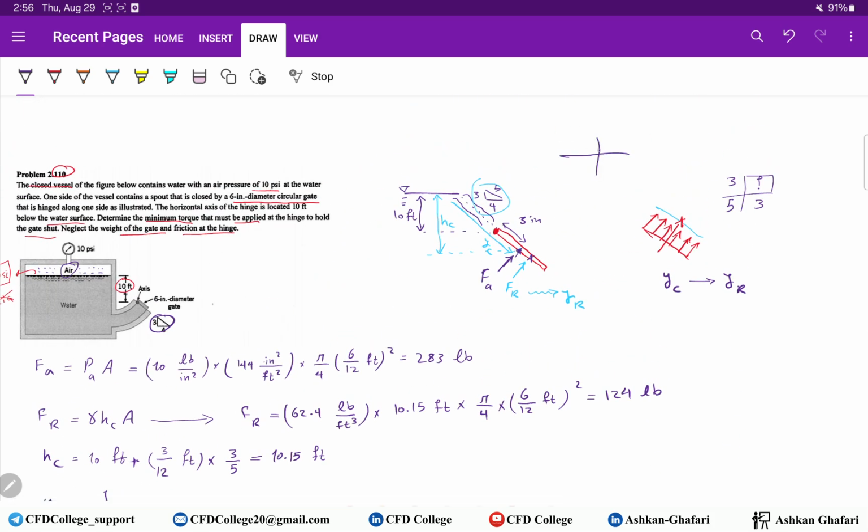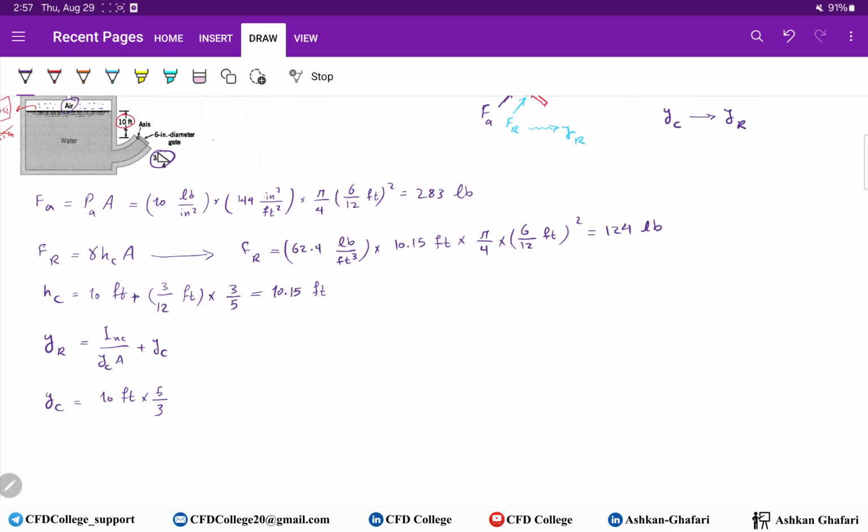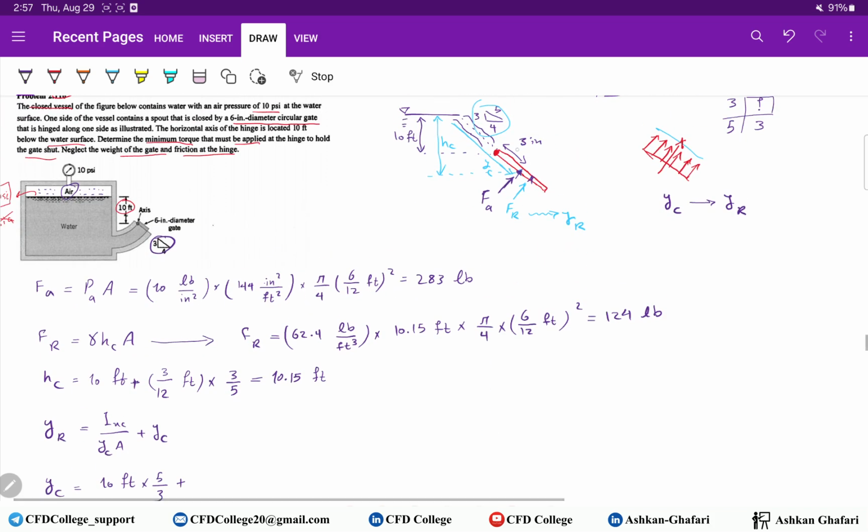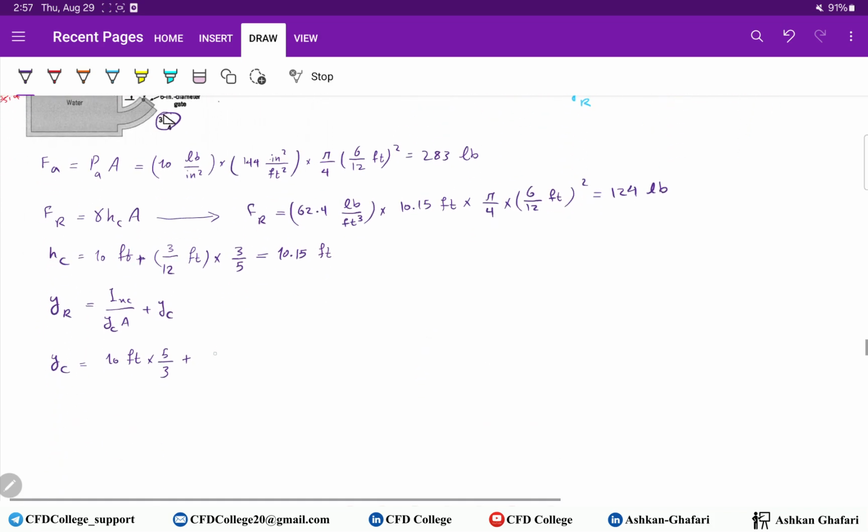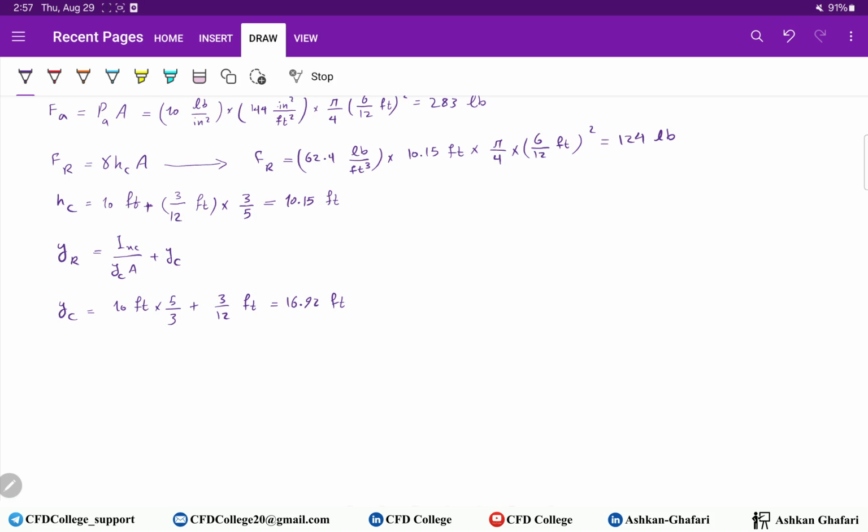See here we have 3 and 5, and 10 should be here, and we need this one. 5 times 10 divided by 3, plus the radius 3 over 12 feet. So YC equals 16.92 feet, and now we can find YR, sorry.